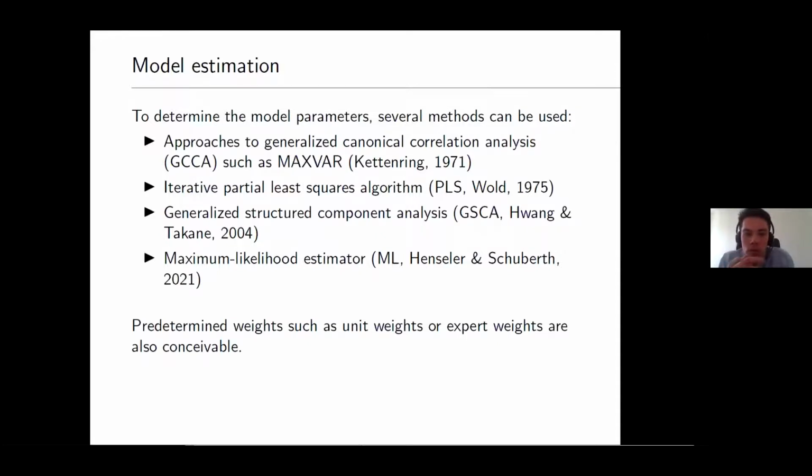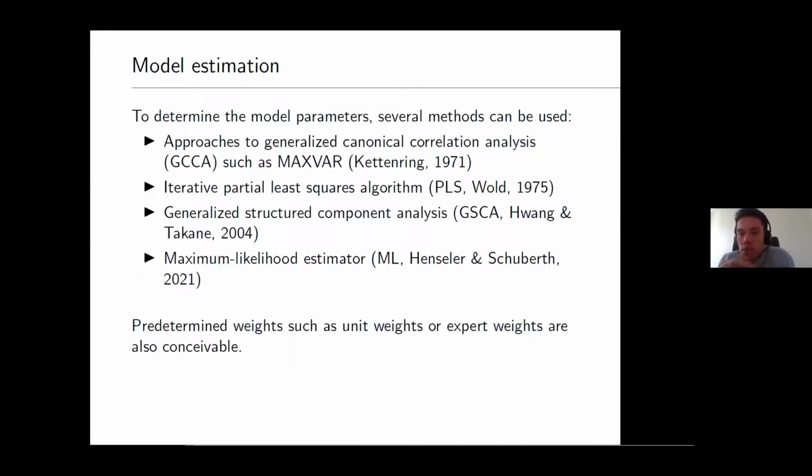Or we can use the iterative partial least squares algorithm, which builds the core of partial least squares structural equation modeling. Or we can use more recent approaches like generalized structured component analysis, so GSCA. And we can even use the maximum likelihood estimator known from structural equation modeling.